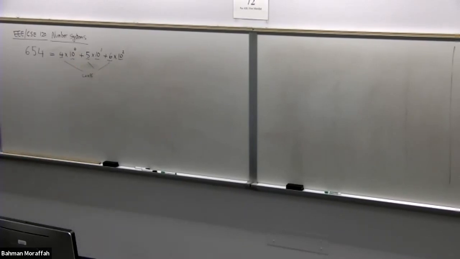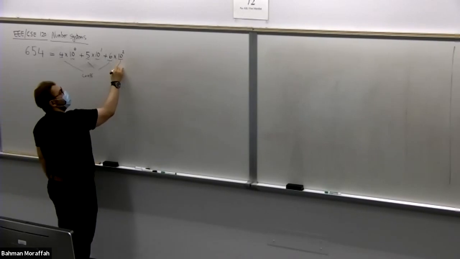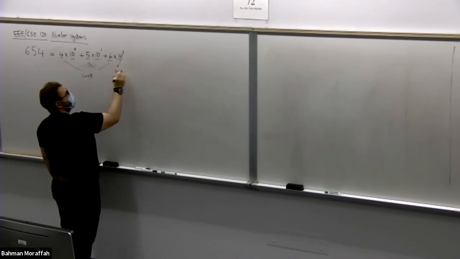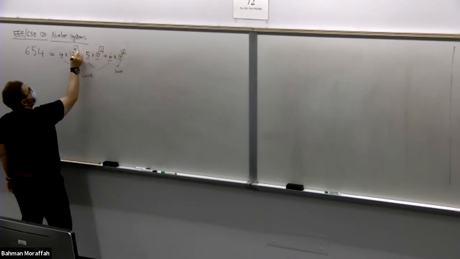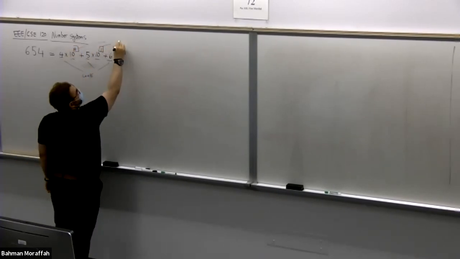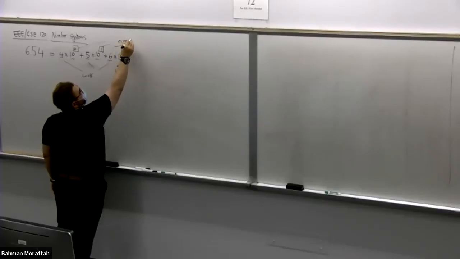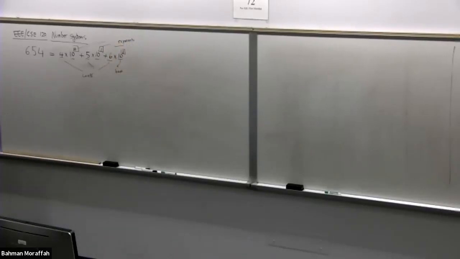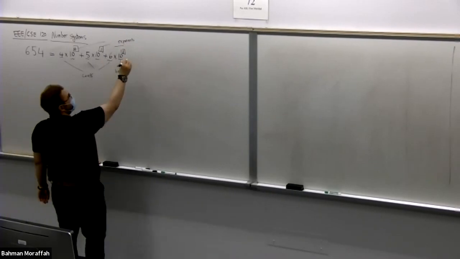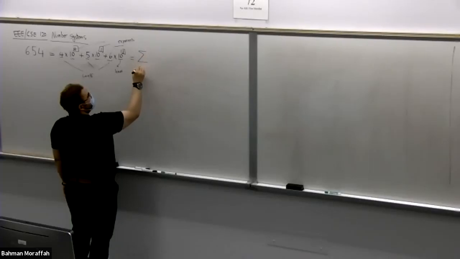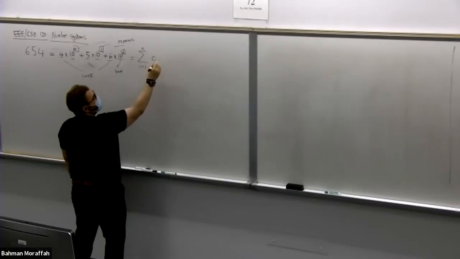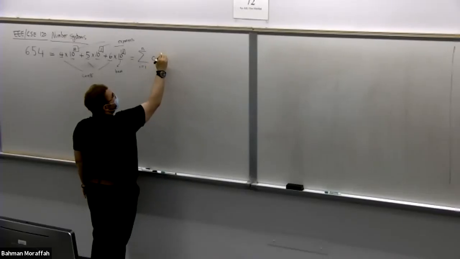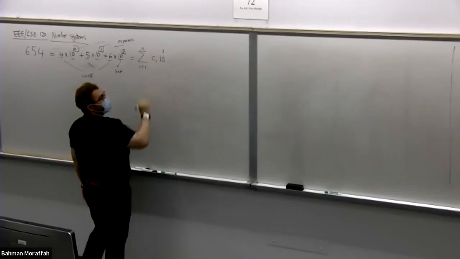We call this 10 the base, and we call these the exponents. Mathematically, I can write it as the summation over i from 1 to n of some coefficient ci times 10 to the power of i.